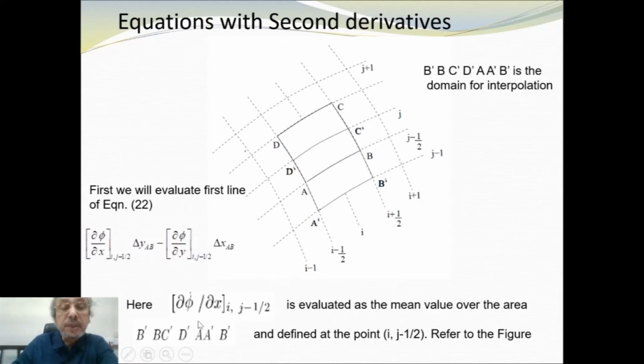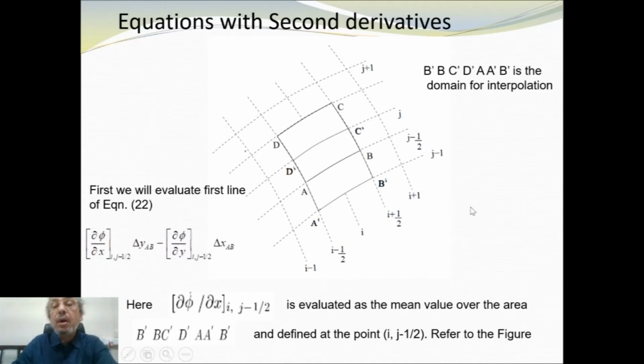So that is what we have written, that this quantity is evaluated as the mean value over this area. This area we have defined as A prime, B prime, C prime, D prime. If we calculate the mean value of del phi del x on this domain, it will eventually be defined at the point i, j minus half.